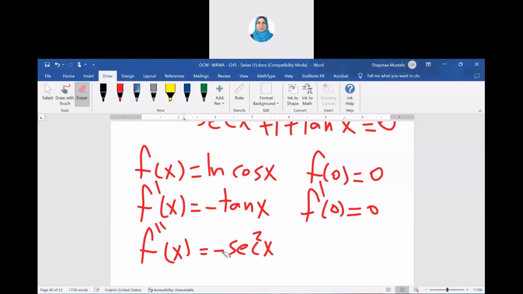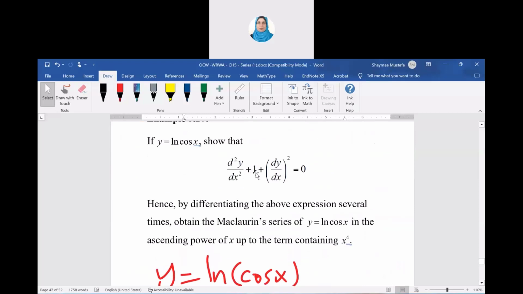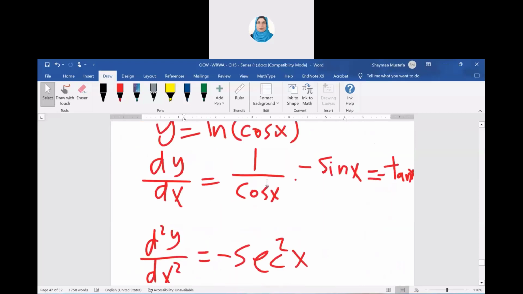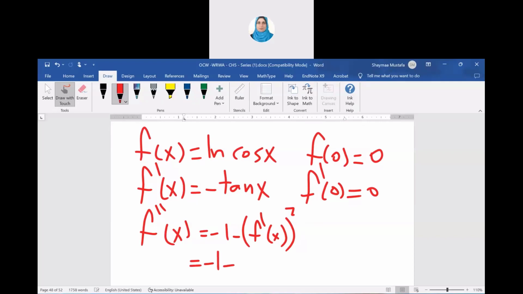From this relation, the second derivative will be minus 1 minus dy over dx squared, which is minus 1 minus tan squared x. Now the second derivative at 0 will be minus 1, because the first derivative is 0.